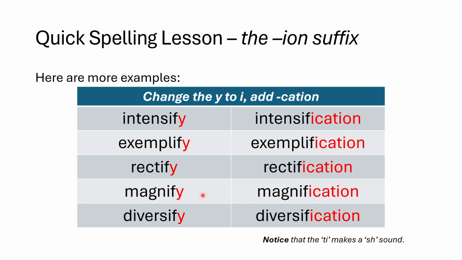The verb is magnify. The noun is magnification. The verb is diversify. The noun is diversification. Notice that the TI makes a sh sound.